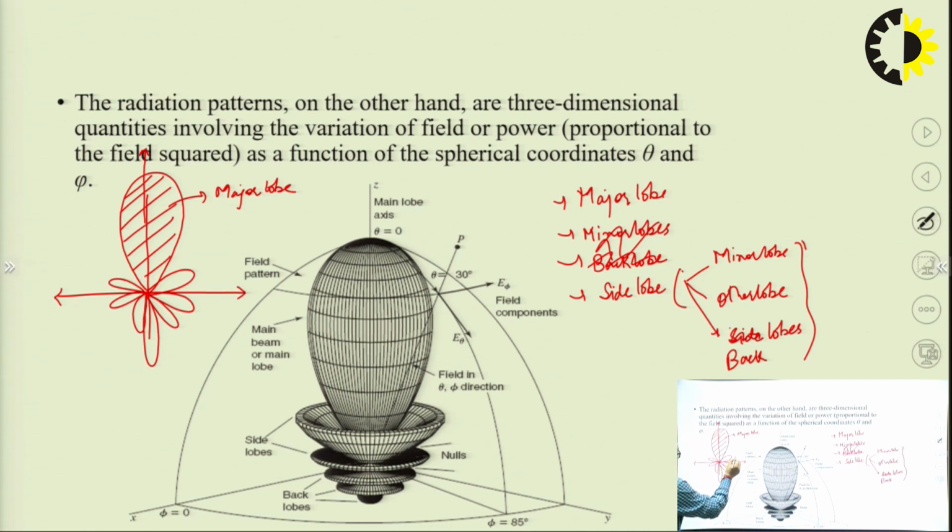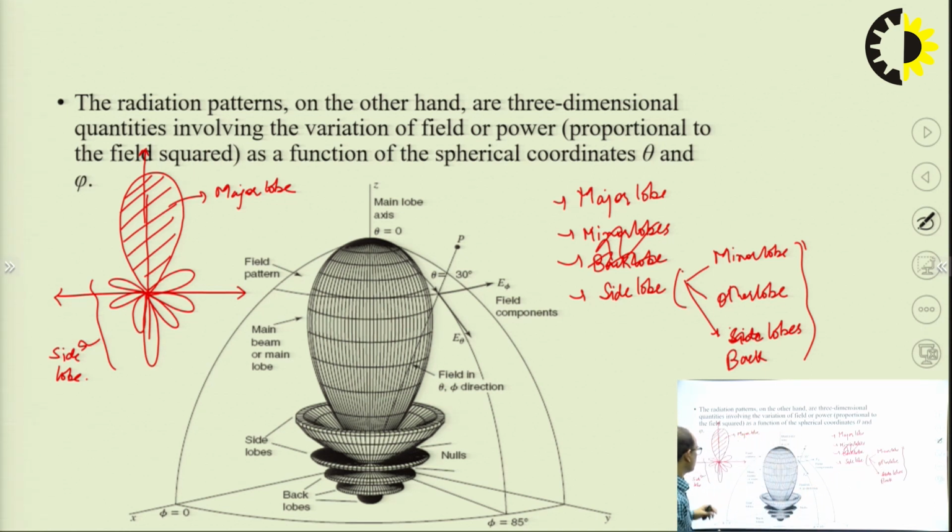The energy radiated in all the other directions other than the major lobe is known as the side lobes, and these side lobes are further categorized into three parts.